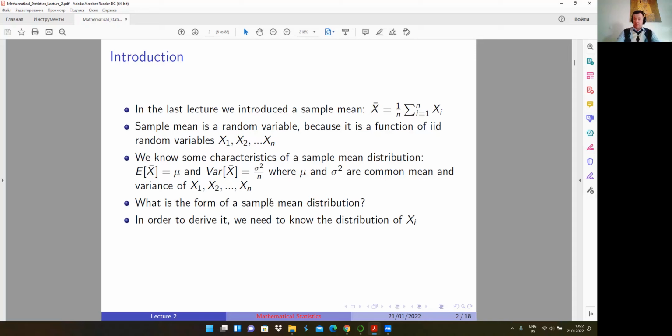So in order to derive this explicitly, we need to know the distribution of this variable. But back to yesterday's lecture, we introduced that the problem of statistics is such that usually in practice we don't know the distribution of this random variable. I don't know what is the distribution of the age or salary of people living in any country, in Russia, in China, in the United States, wherever.